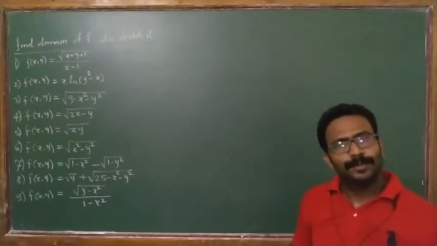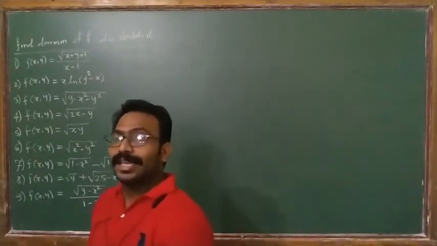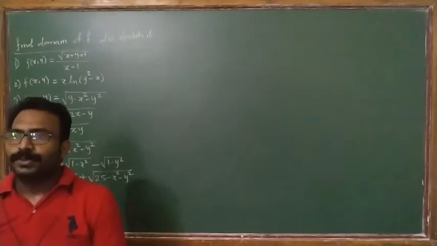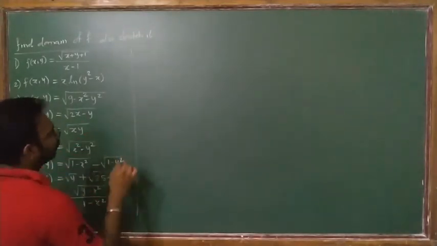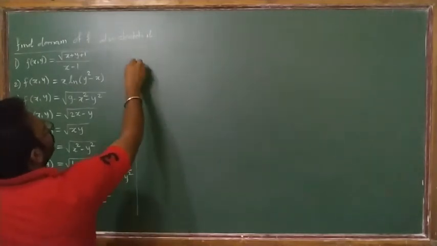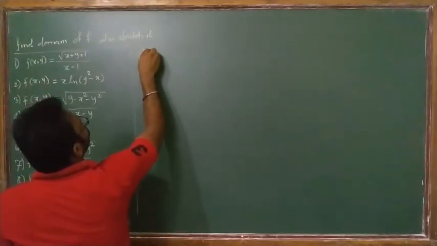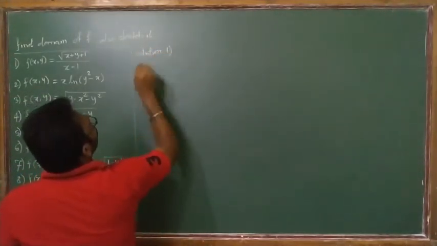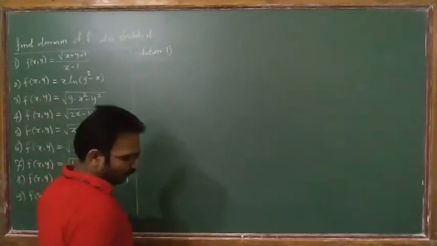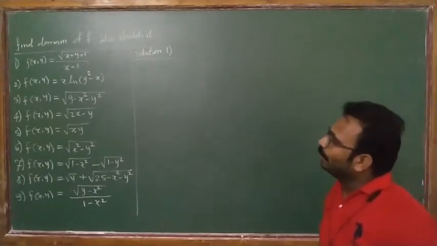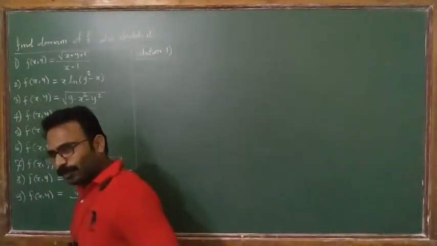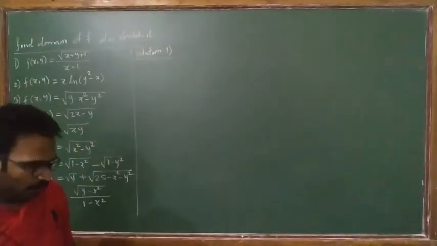So what kind of elements would be there that can be given as an input to the function f? So let us see the solution to the first example. So the function is under root x plus y plus 1 upon x minus 1. So what is there in this function?